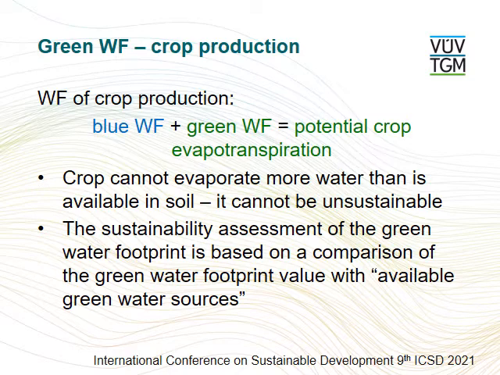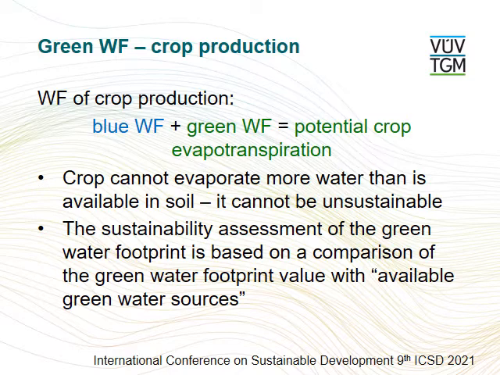What's the problem in the sustainability assessment? First, a crop cannot evaporate more water than is available in the soil. So we can say that the green water footprint cannot be unsustainable. But how is the sustainability assessment of the green water footprint defined?